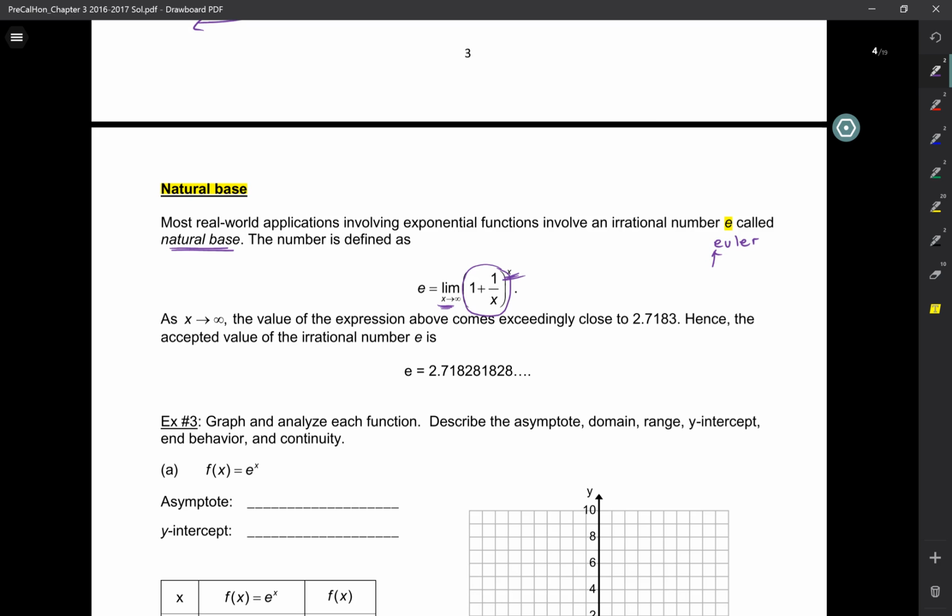Well, you forget that you're already dividing by x, right? If you were to plug this into your calculator, 1 plus 1 over x, to the power of x, and graph it, you will be surprised to learn that this approaches a certain value and it levels off. Well, guess what that value is?